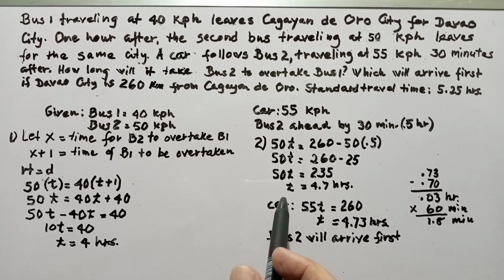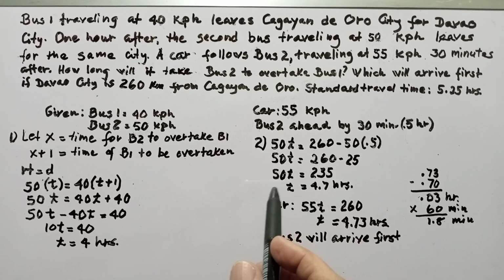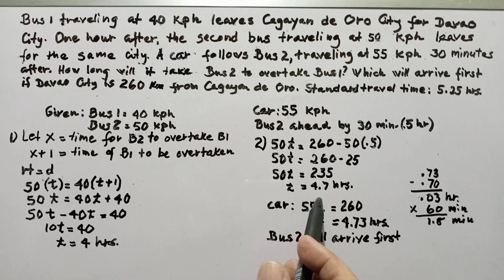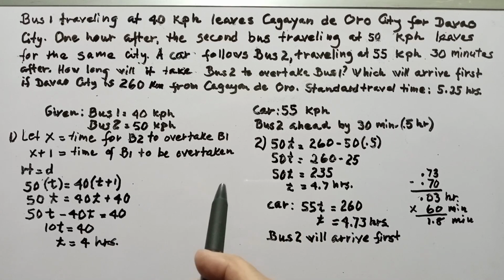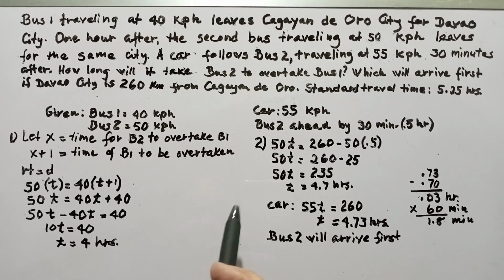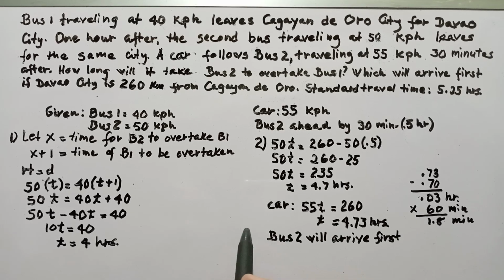Solving for t, simply divide 235 by 50 and then we will get 4.7 hours. Now let's find the time that the car will consume in traveling from Cagayan de Oro City to Davao City.